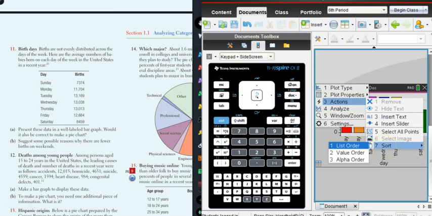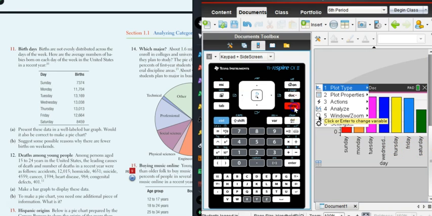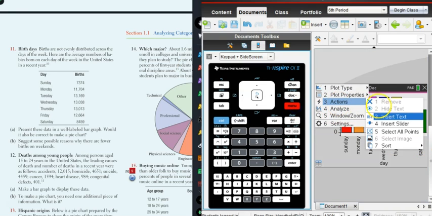Actions, you go to Sort, and you can go to Alpha Order, Value Order, or List Order. So my list order, how did I enter my list on the table? I started with Sunday, right? So if I hit List Order, it's already there. Sunday, Monday, Tuesday, Wednesday, Thursday, Friday, Saturday. Let's go back to Actions. And let's sort it again, but this time let's sort it by alpha.